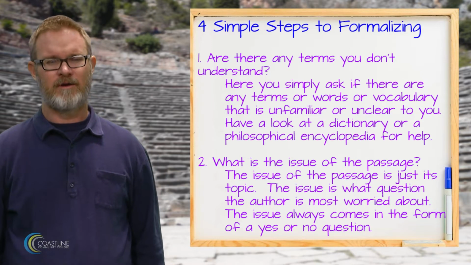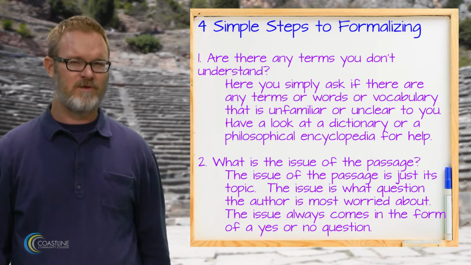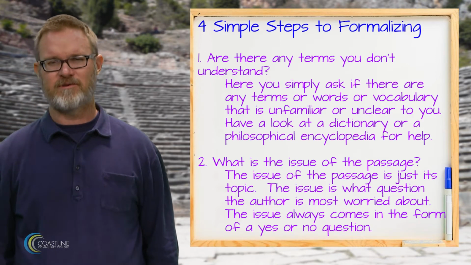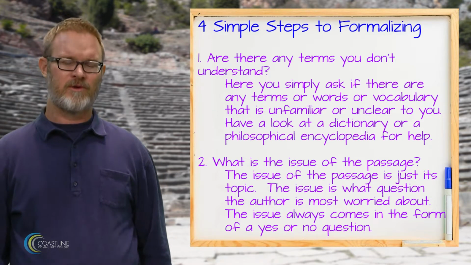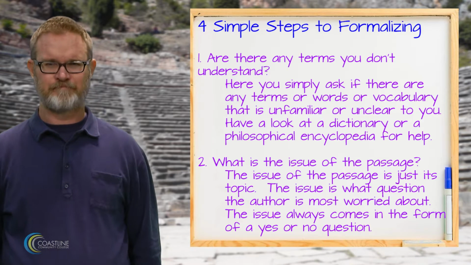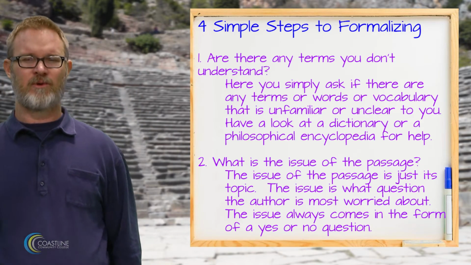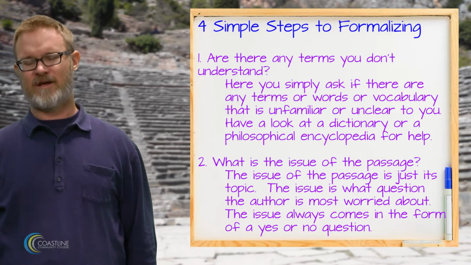Are there any words that you've never seen before, or that are confusing, or maybe being used in a different sense than you're used to? What we want to do with those straight away is try to define anything that we don't understand. The second step in your new formalization process is to ask the issue.